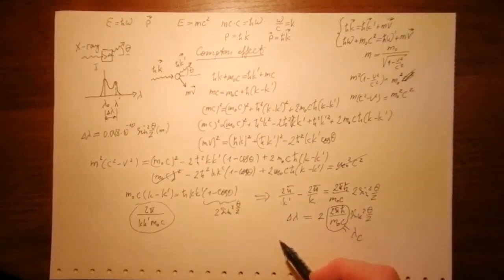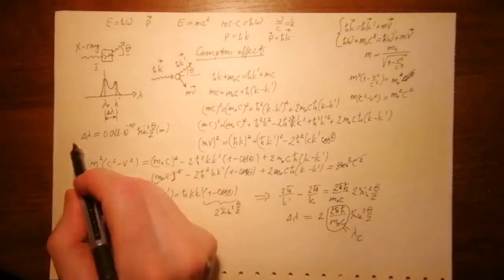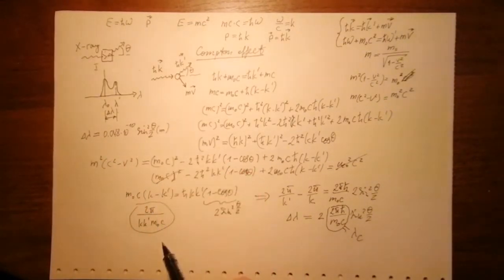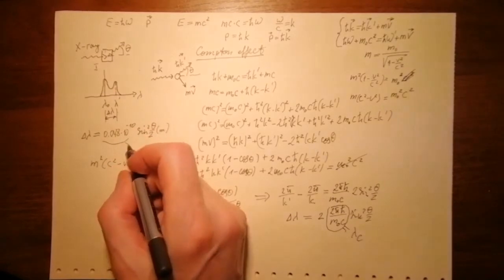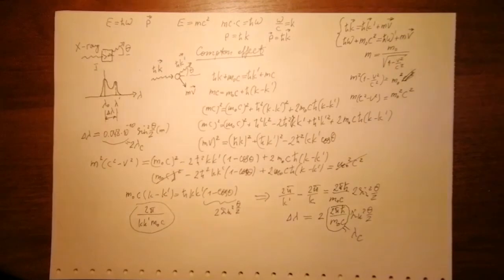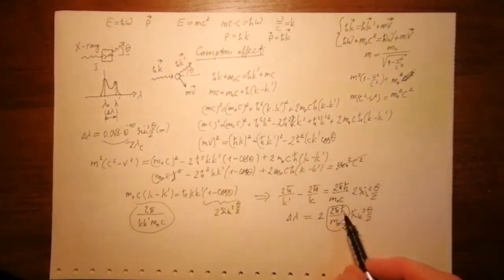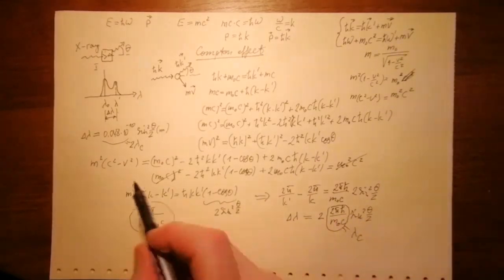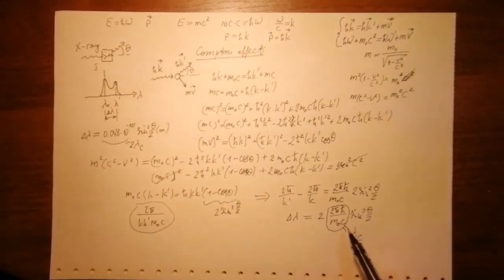Then if we compare this result with the experimentally obtained result, we see that this number is actually 2 lambda c, so this number is equal to lambda Compton. Look here, all the members of this term are known: h, m0, c, so we can compare what we have theoretically and experimentally, and the agreement is good.